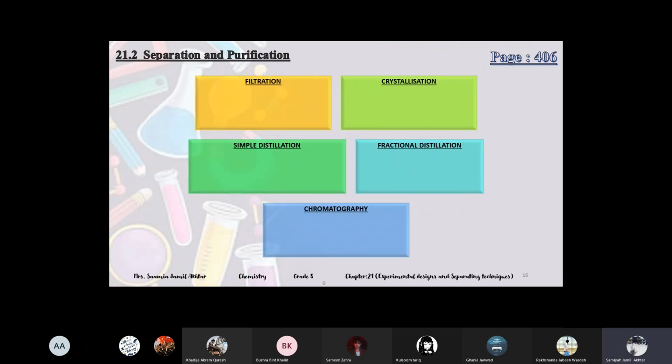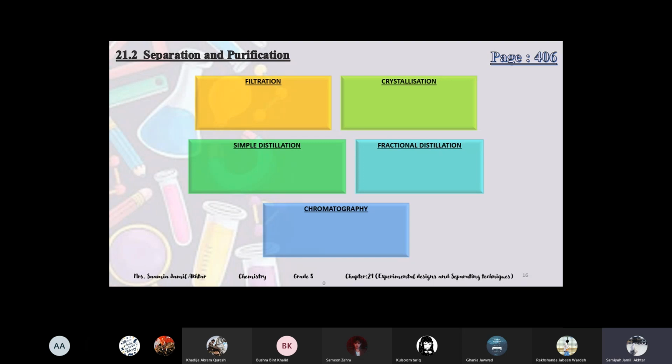First I will give you the introduction of all these 5 techniques: why they are used, and which substance is separated from which substance. Filtration, as you all know, is used to separate a solid substance from a mixture.